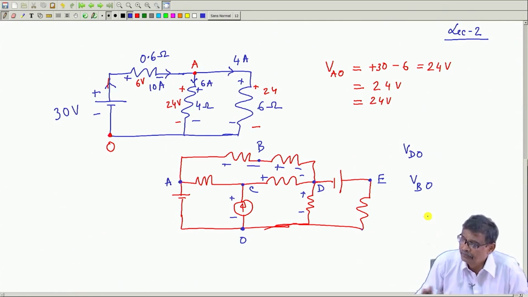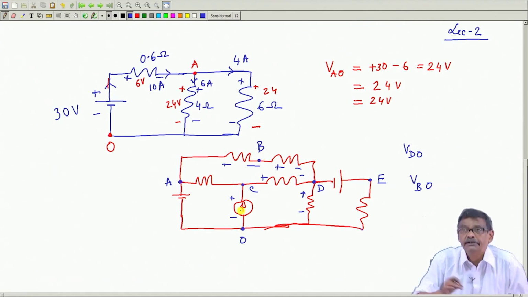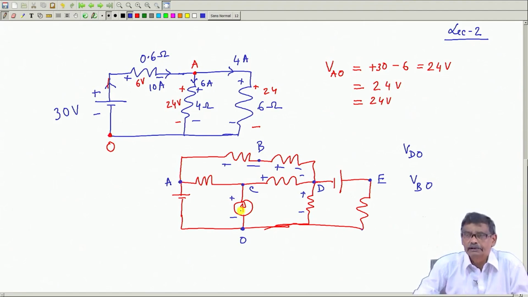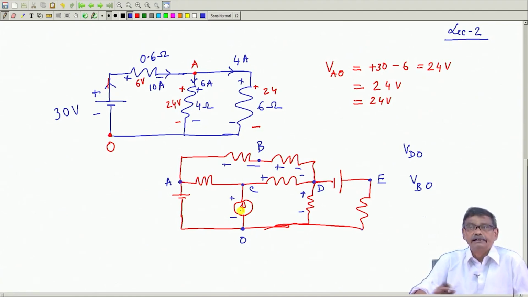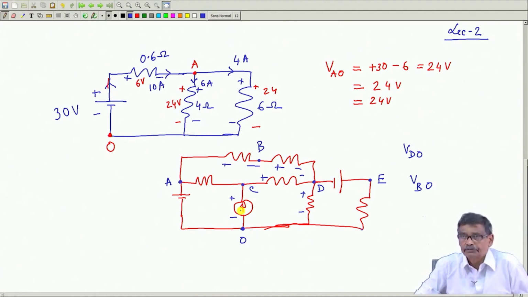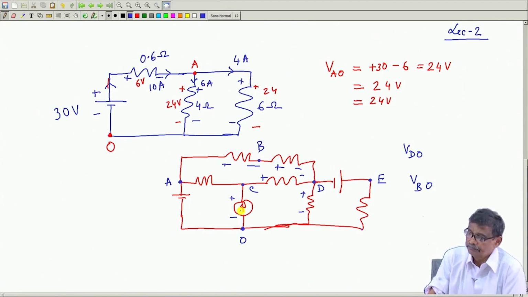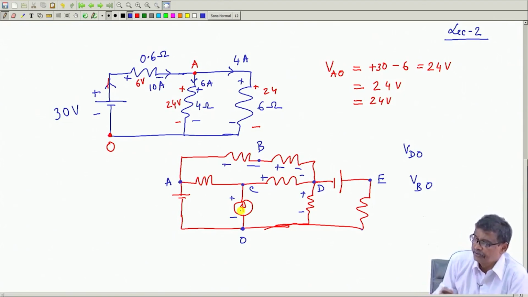Essentially, it means that when you calculate VBO, whatever the number is, if you connect a voltmeter between B and O, that will be the reading of the voltmeter, an ideal voltmeter. Clear? So this is the idea of potential difference between any 2 points.